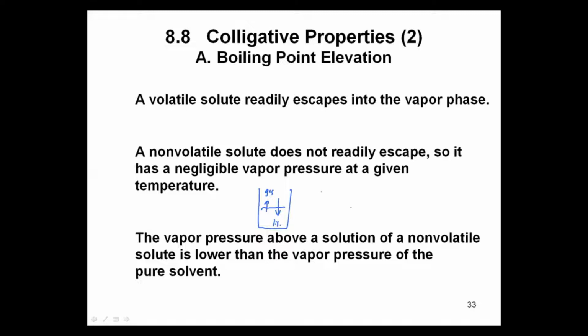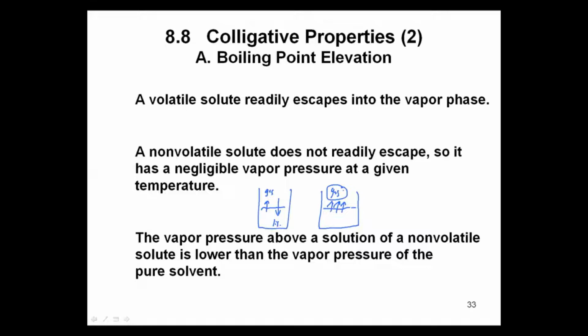And if something is really volatile, that means you have a pretty good rate of molecules jumping out of the solution into the gas phase. And that means, above the liquid, you'll have a lot of gas. And as we talked about, gases have pressure associated with them. So the more volatile a solution is, the more gas it will generate. And that means you'll have more gas above the liquid, and it will have a higher vapor pressure.